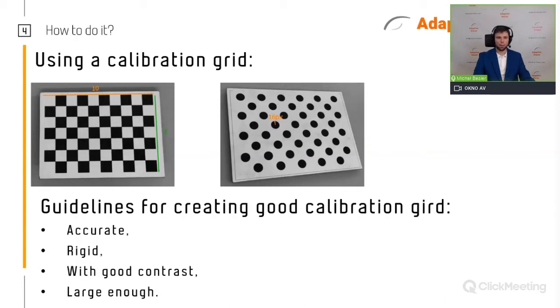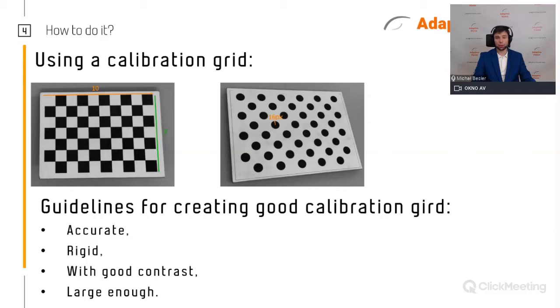First of all, most printers have different scale along the X and Y axis. Another problem with just a sheet of paper is that it's not rigid, and our calibration board should be rigid so that we don't get any additional, artificial hills on the image.